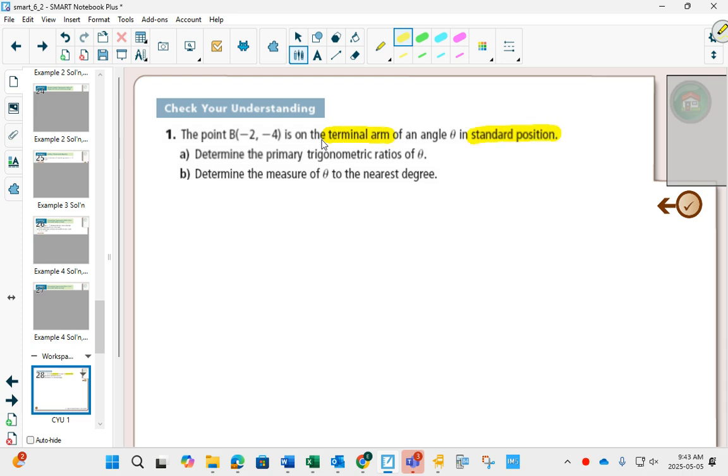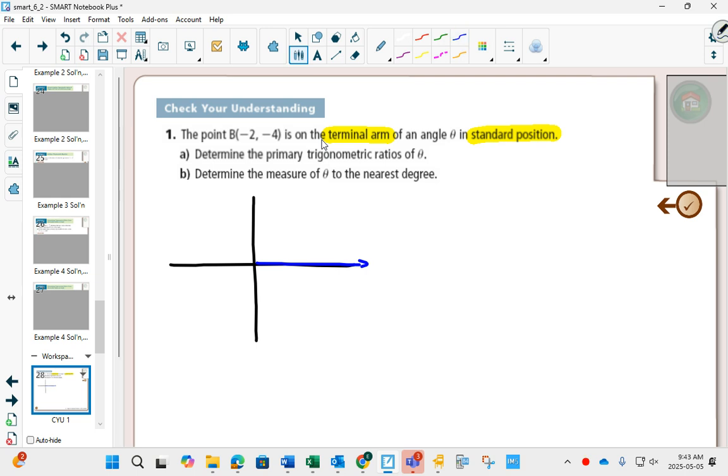They tell us that an angle's in standard position and that there's a point on the terminal arm. So what does this mean? Well, if I draw my four quadrants, angles in standard position always start here from your positive x-axis.